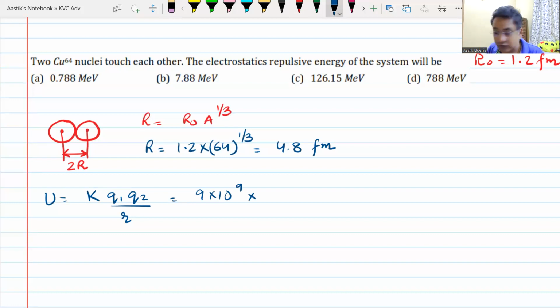Now you must find out both the nuclei have the same charge. What is the charge on that nucleus? That charge on the nucleus will be equal to the atomic number of copper. What is the atomic number of copper?